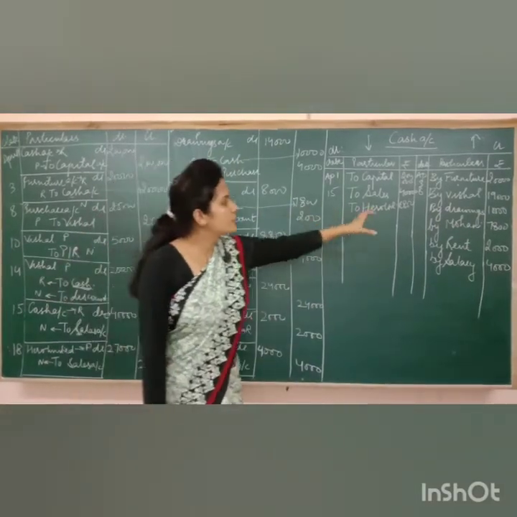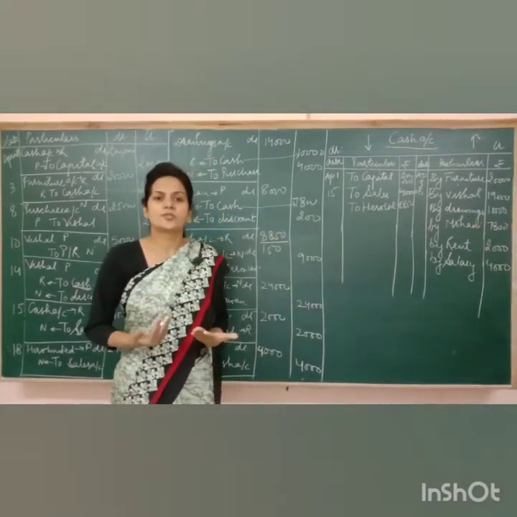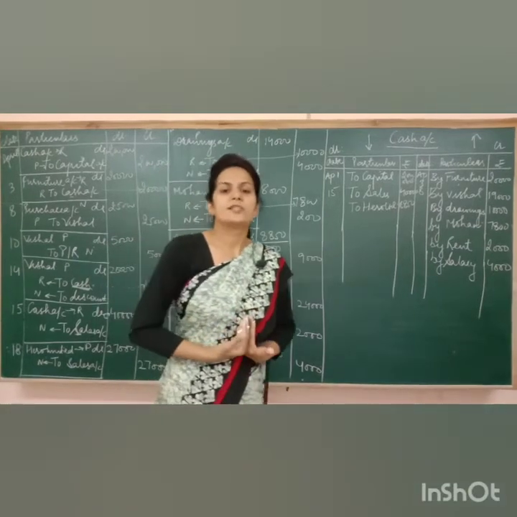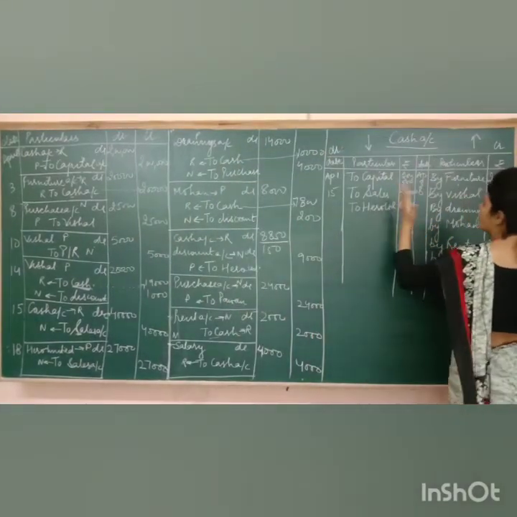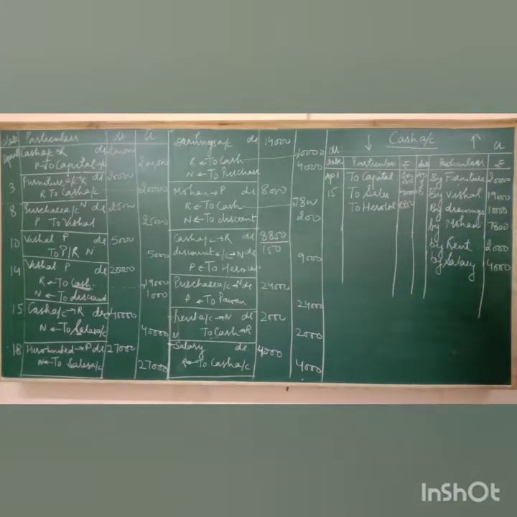Now this is known as posting. Now what after posting? After posting comes the balancing. Balancing means to make both the sides equal. Fine. If you total them, you will find out that debit side is not equal to credit side. You'll total.